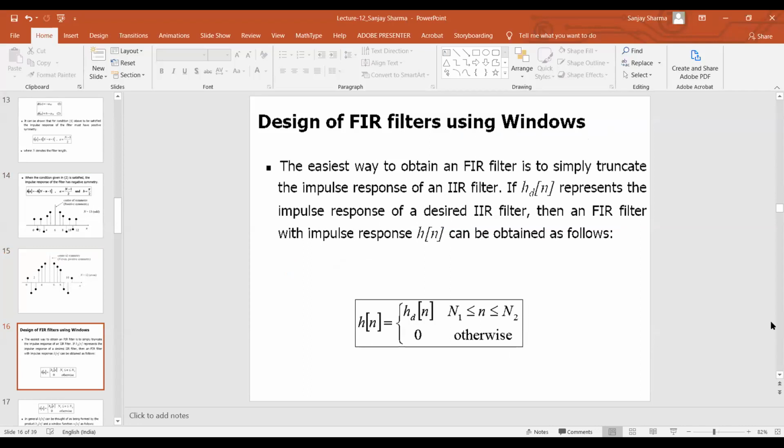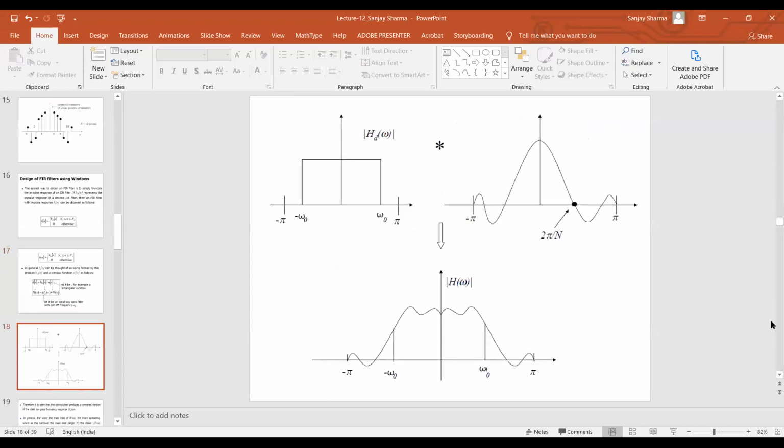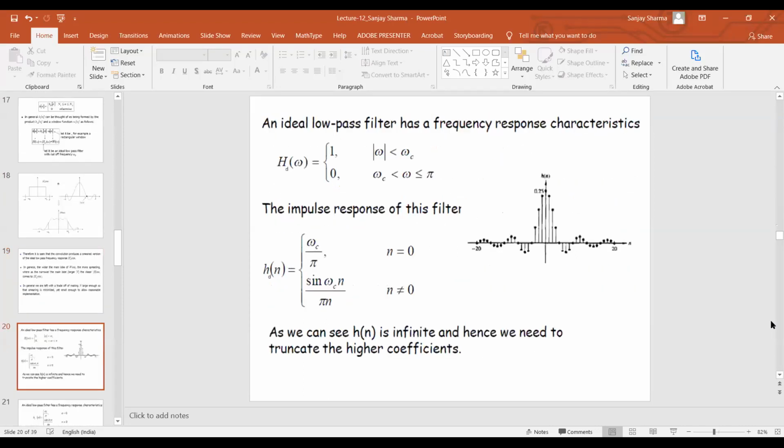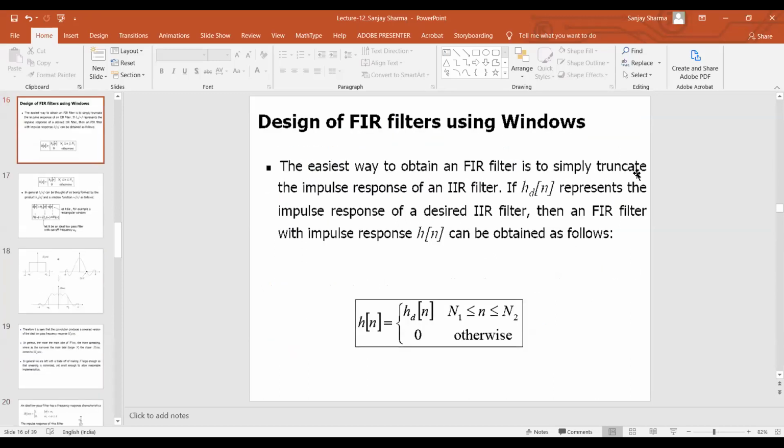Let us now see the method of designing. Please try to understand the method of designing FIR filters using windows. You take any infinite impulse response filter.